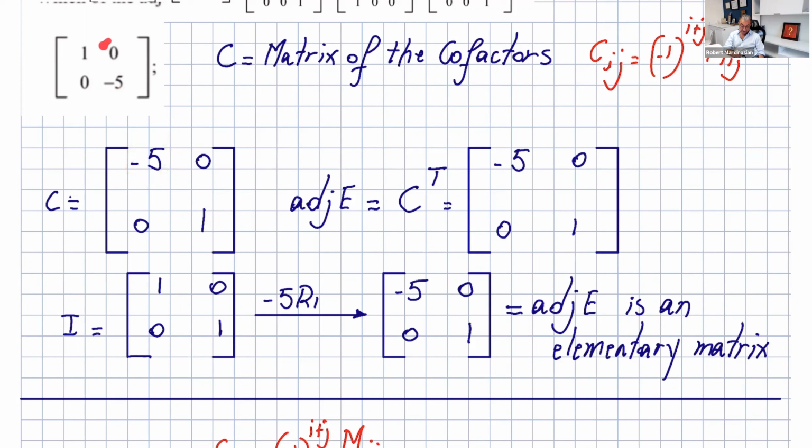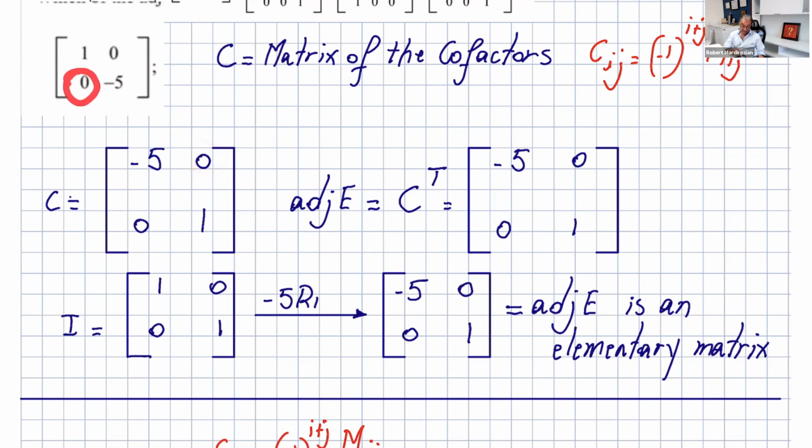Now, if you want to find C12, it is -1 to the power of 1 plus 2 times the determinant of this matrix, which is just 0.